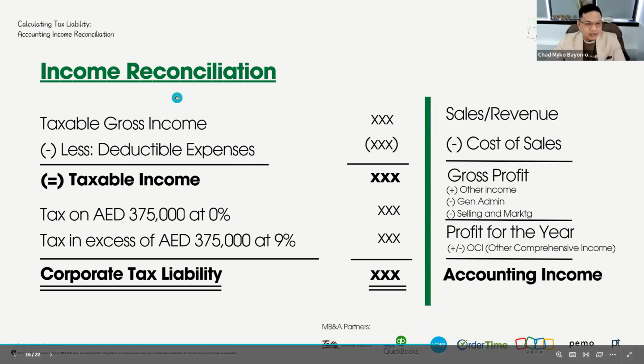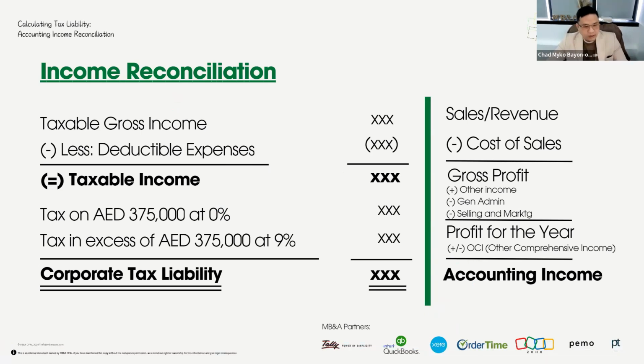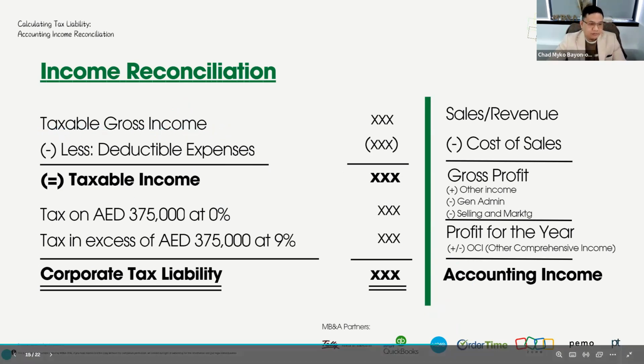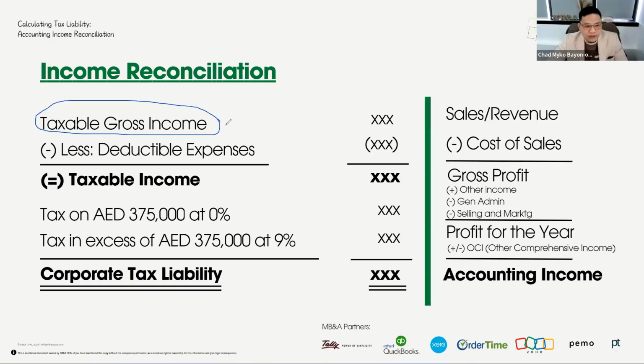Okay? So let's start with the reconciliation of your taxable gross income. So question, taxable gross income. In accounting income, what are those that would be part of your taxable gross income?